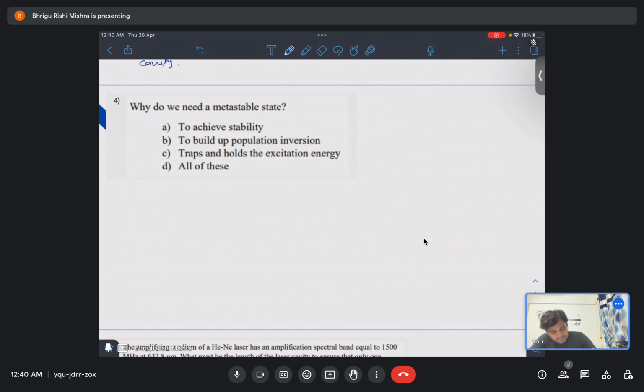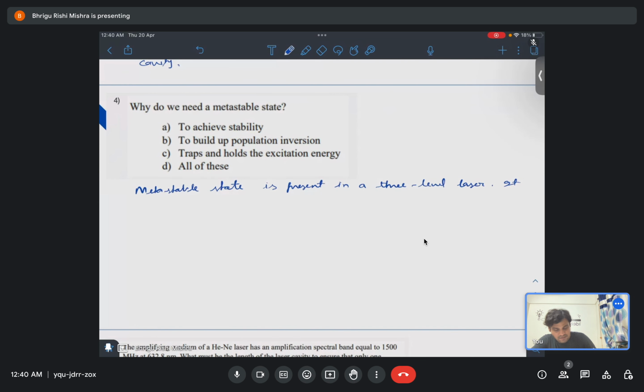A metastable state is present in a 3-level system, a 3-level laser system, or you can say a 3-level laser.